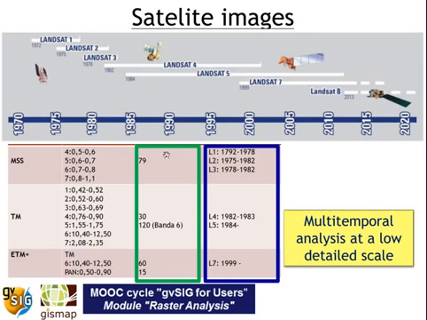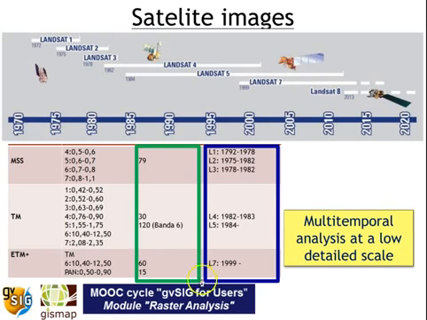Let's have a look at satellite images that are available for free. This is the Landsat family that you see started from 1972 with different sensors until Landsat 8, which is currently providing images, also for free. This family is very useful for multi-temporal analysis at a low detail scale, because you see that the pixel spatial resolution, the dimension of the cells, is 30 meters, or 15 meters for panchromatic.